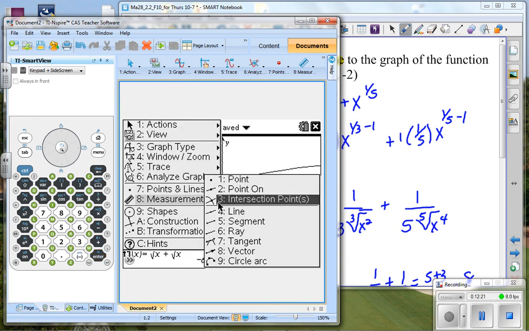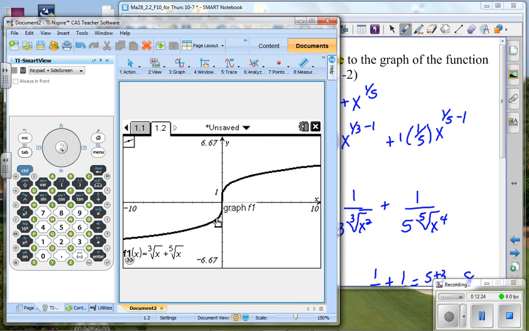Let's go through and put a point on. So we'll put a point on the curve, and let's put it down here, and we'll change the coordinates of that to be negative 1.